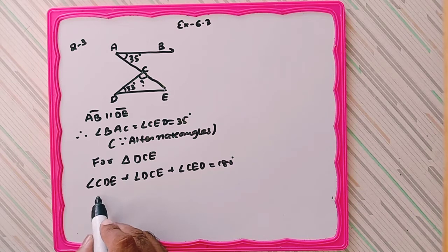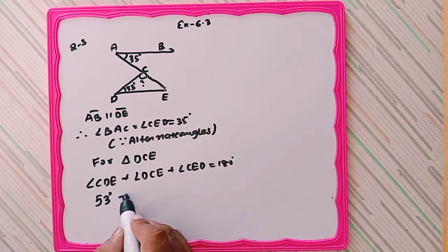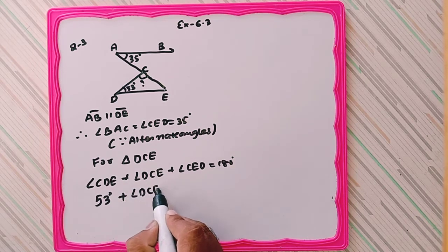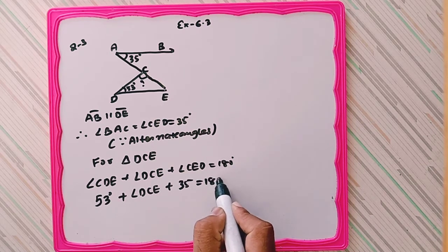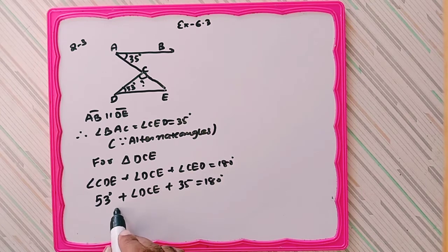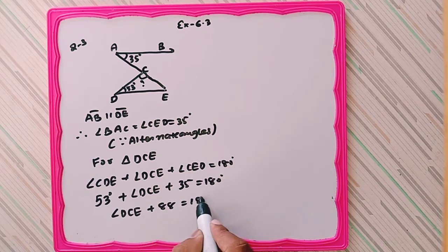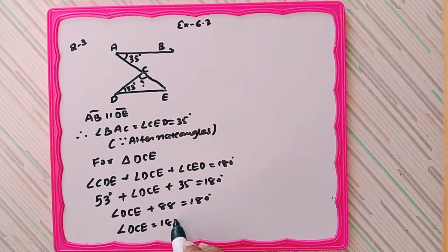So CDE, that is 53, angle DCE we have to calculate, and CED, that is 35, equals 180. So angle DCE plus 88 equals 180. And so angle DCE equals 180 minus 88, which is 92.